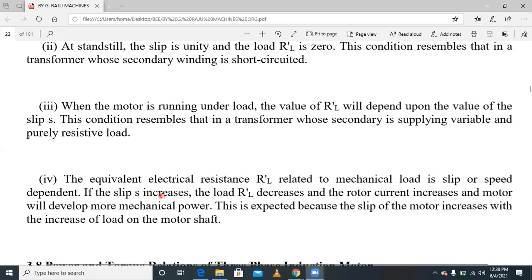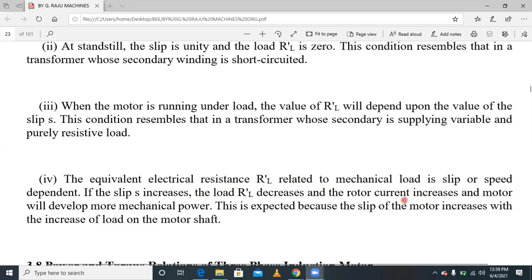If the slip S increases, that means RL dash decreases and the rotor current increases. Understood? If slip increases, load resistance RL decreases and the motor current increases.